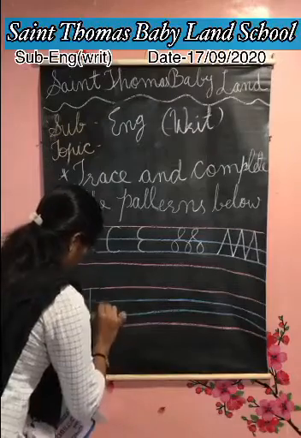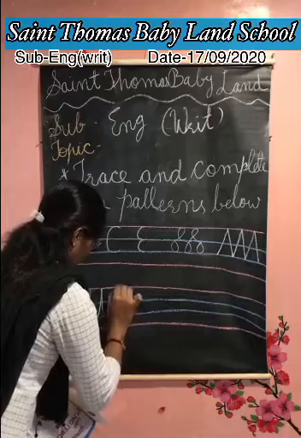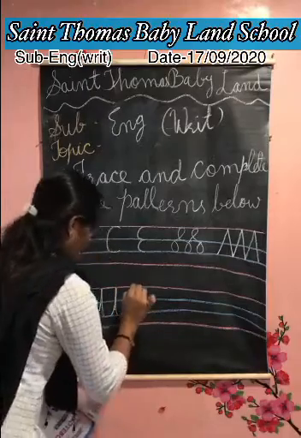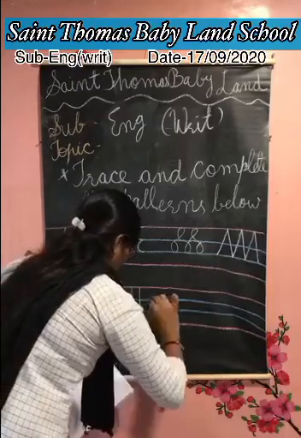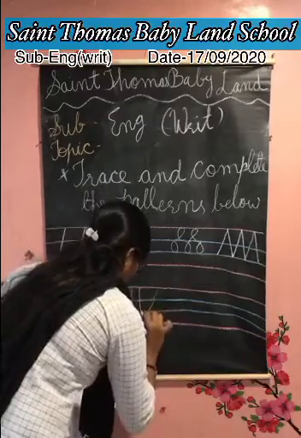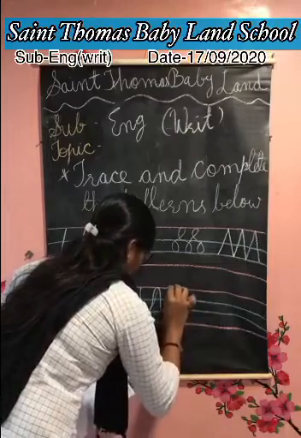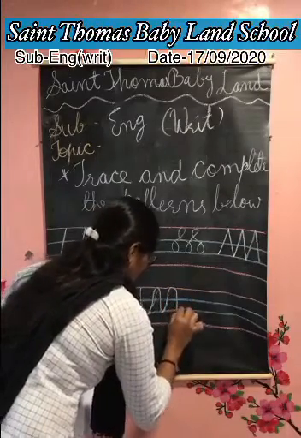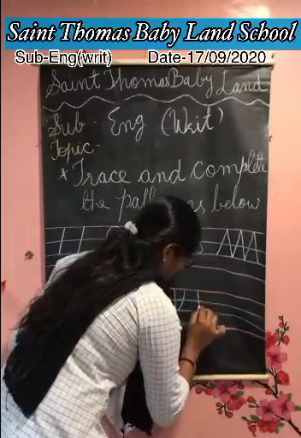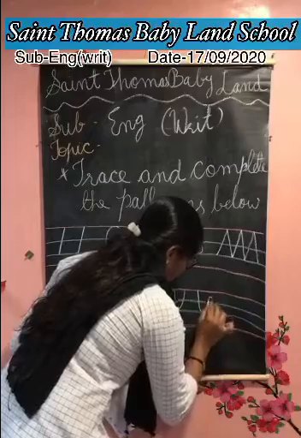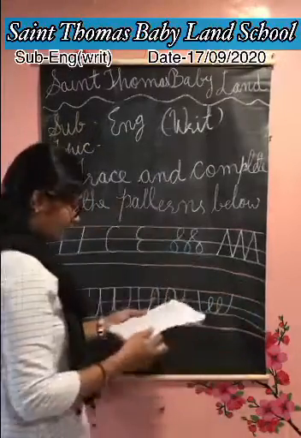Curves, go up, come down, go up, come down, go up. Next is this way. Like this way. Start with the red line to blue line, red line to blue line, and this type.